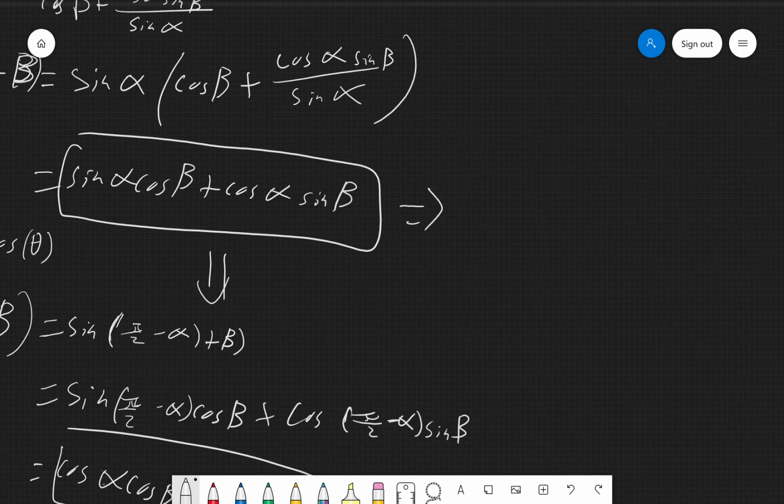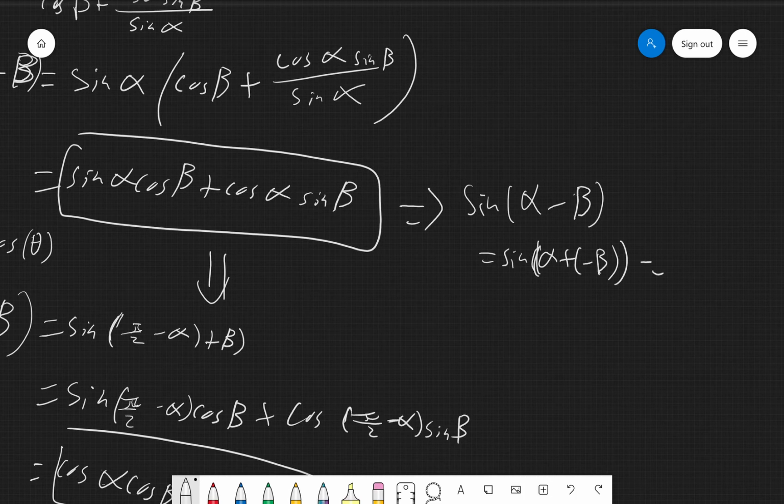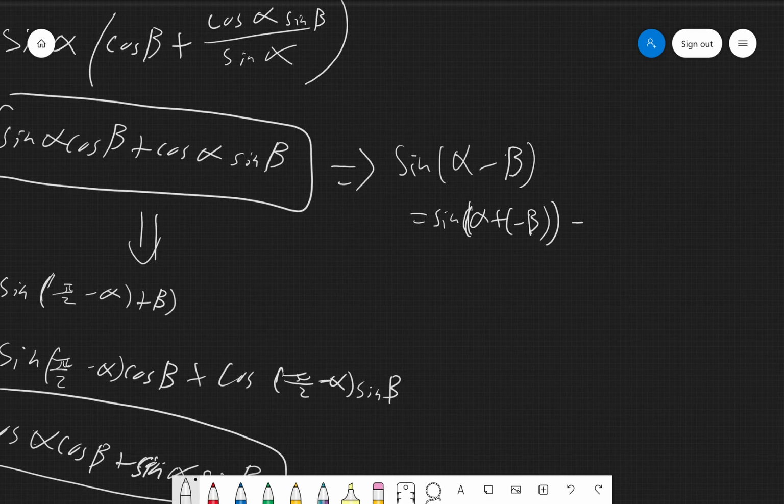We can also say that the sine of alpha minus beta is equal to the sine of alpha plus negative beta, which is equal to the sine of alpha times the cosine of negative beta plus the cosine of alpha times the sine of negative beta.